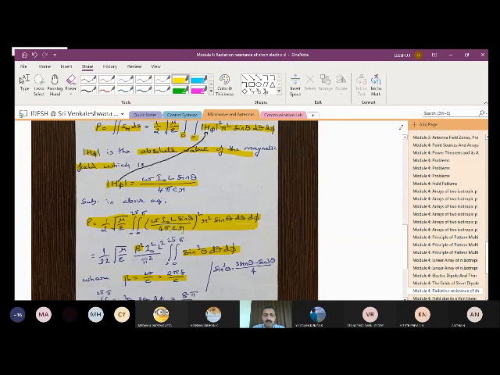So you have r square here and r square here. Those r square will get cancelled, and beta will be omega by c. So you can get it in this form. When beta is equal to omega by c, you will get 2 pi f by c, and sine cube theta can be written as 3 sine theta minus sine 3 theta divided by 4.